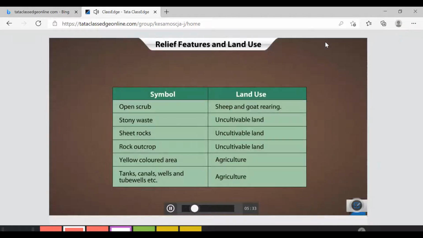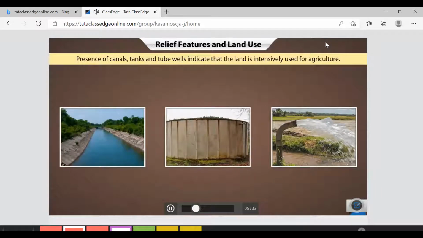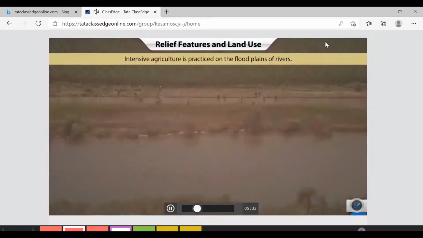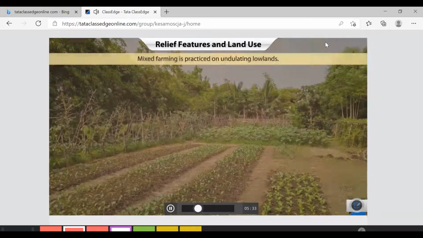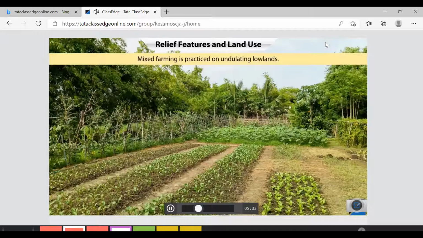On topographical maps, land use is represented by certain symbols as given in the table. Presence of canals, tanks and tube wells indicate that the land is intensively used for agriculture. Intensive agriculture is also practiced on the floodplains of rivers. Mixed farming is generally practiced on undulating lowlands.